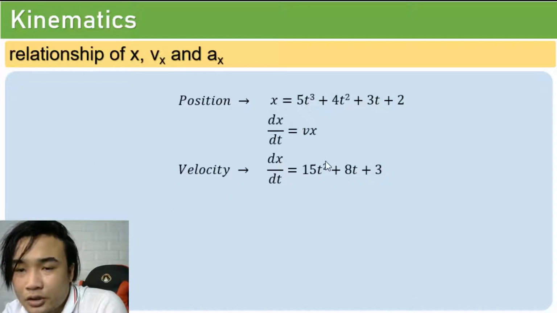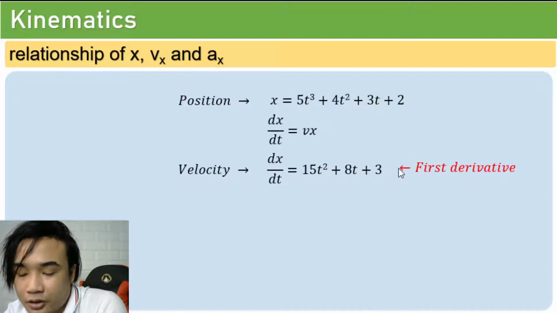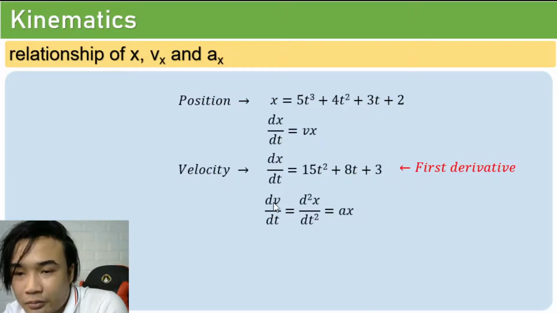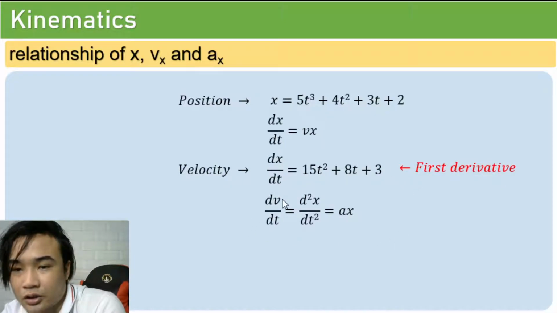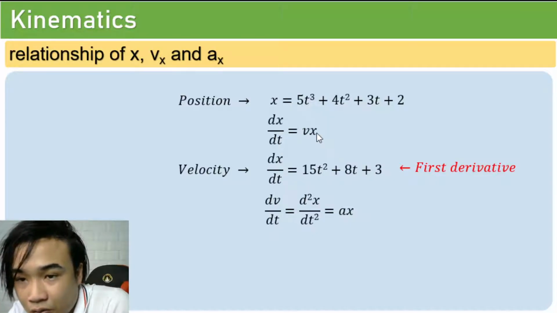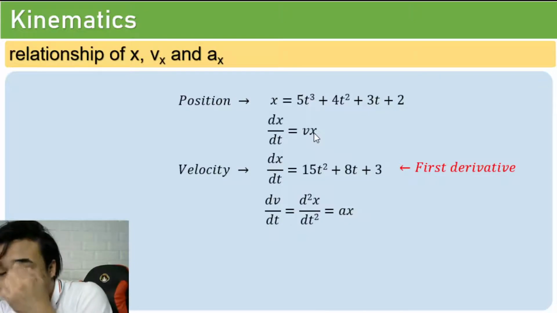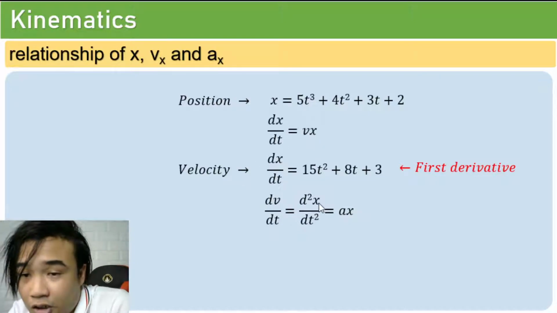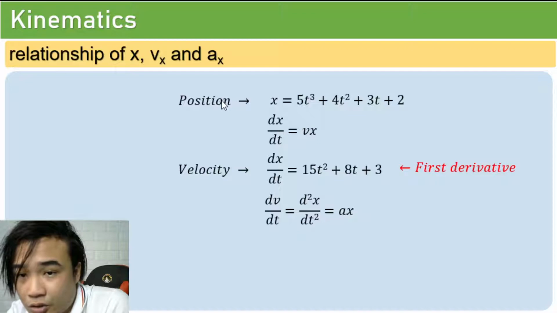Now, for the velocity, when you take the derivative, this is your first derivative. Then when you take the derivative of velocity, that is equal to dv over dt. The derivative of vx is the second derivative of the position.